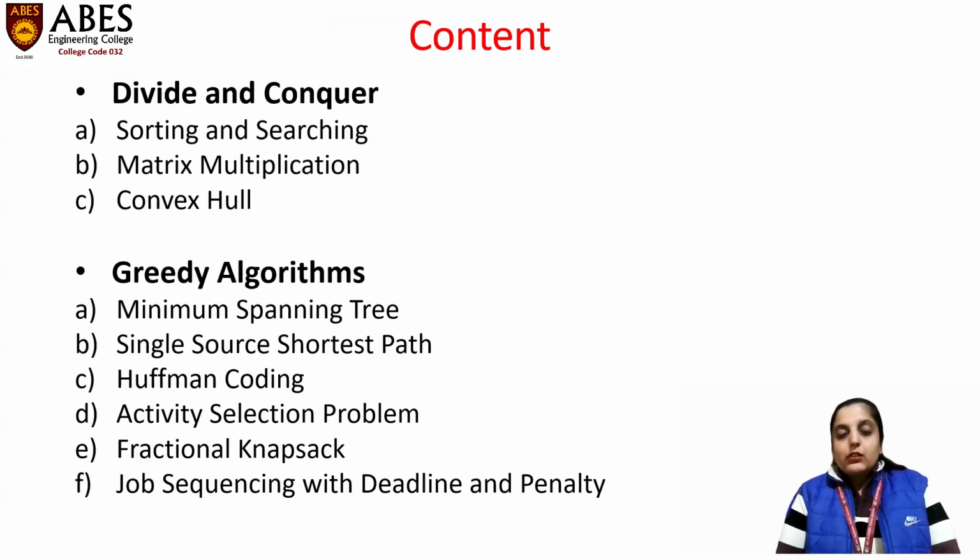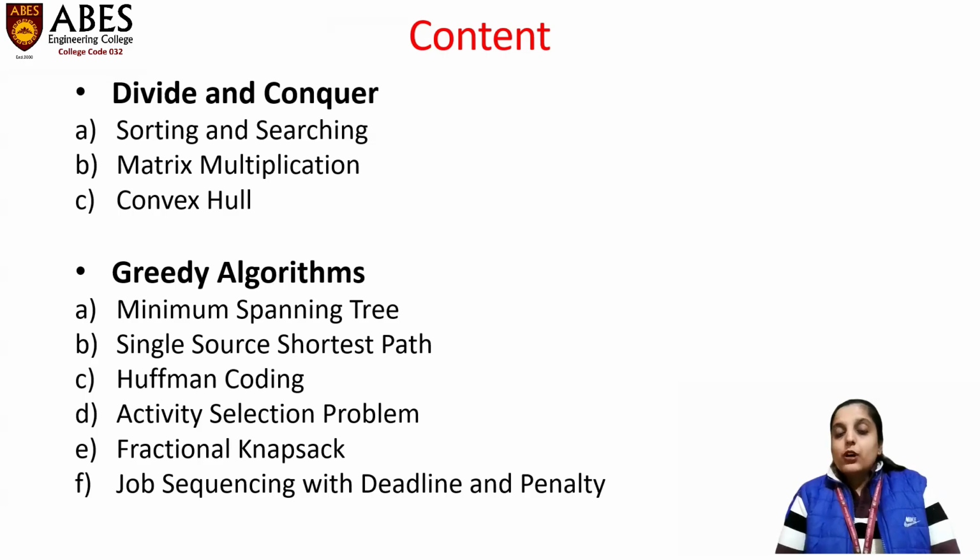And then we come to greedy algorithm. So as we all know, if we move to the English meaning of greedy, or you can say the Hindi meaning of greedy is lalchi. So greedy algorithms or greedy approach is used to solve optimization kind of problem. Now, what is this optimization?